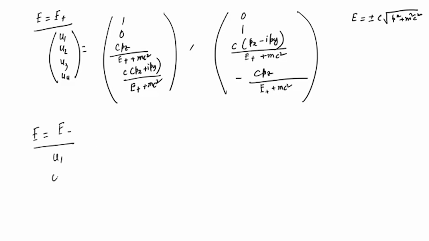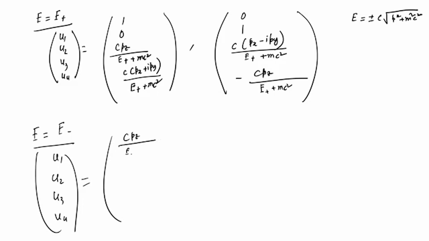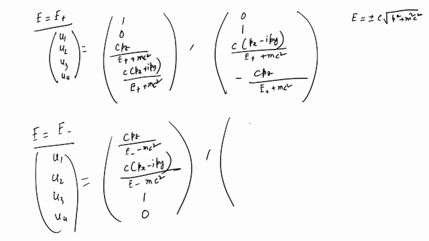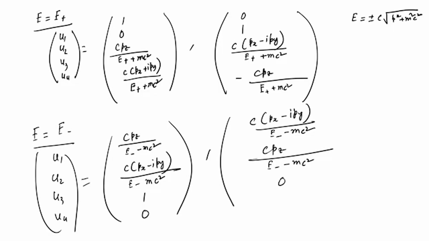And for E minus we have these u1, u2, u3 and u4 as c p_z divided by E minus m c square, c (p_x plus i p_y) divided by E minus m c square, and 1 and 0, and the other solution is c (p_x minus i p_y) divided by E minus m c square, and minus c p_z divided by E minus m c square, and 0 and 1.